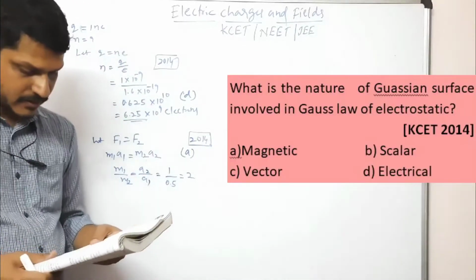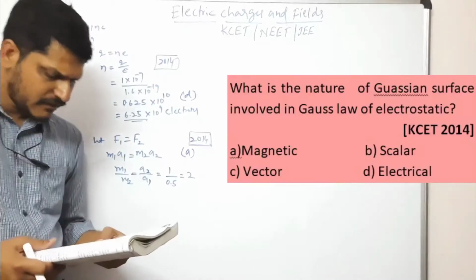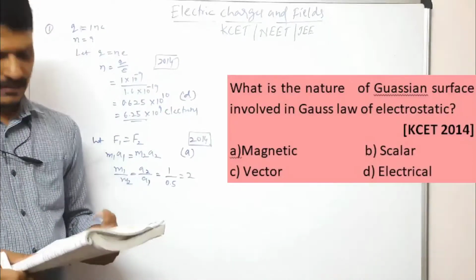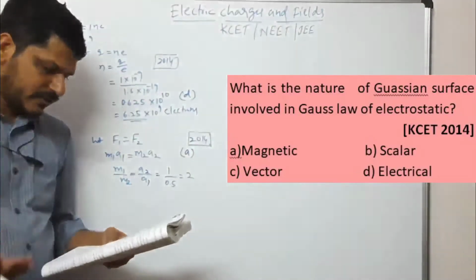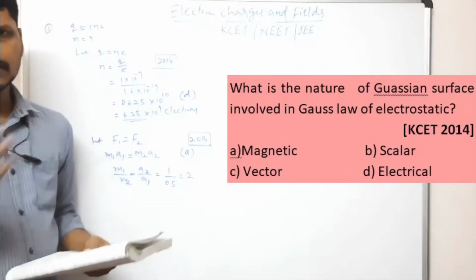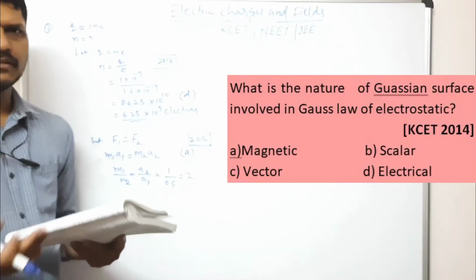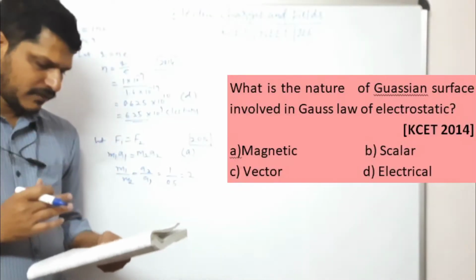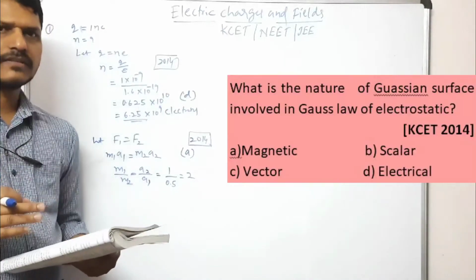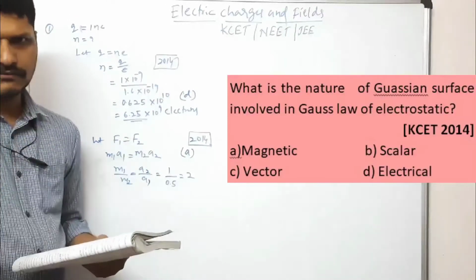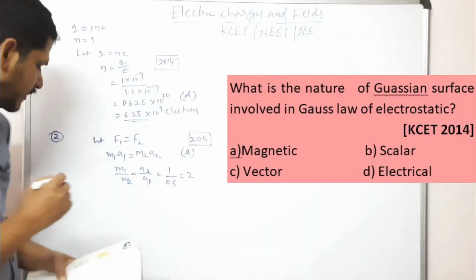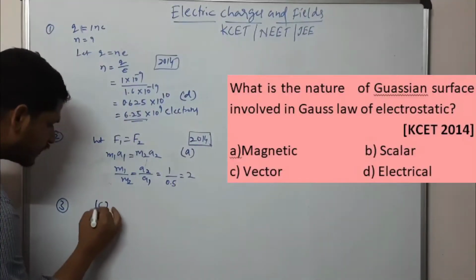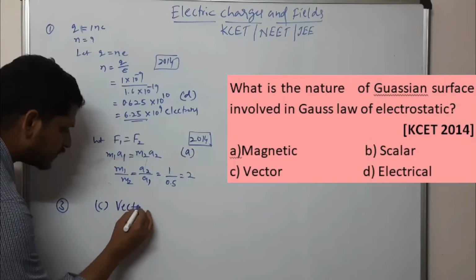The options are magnetic, scalar, vector, electrical. It is not magnetic. It may be a scalar or a vector, but electric flux is coming out in particular directions. So the Gaussian surface includes a charge and electric flux. So the option is the third one, C. That is vector.